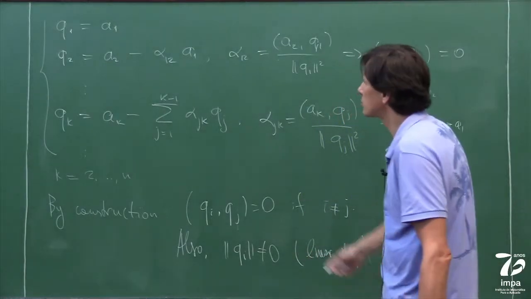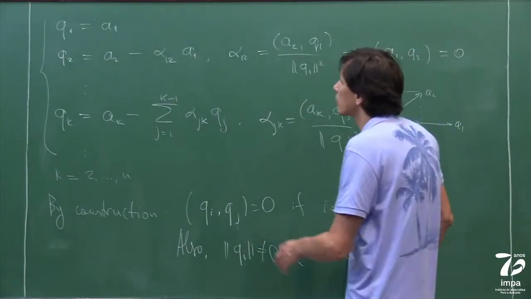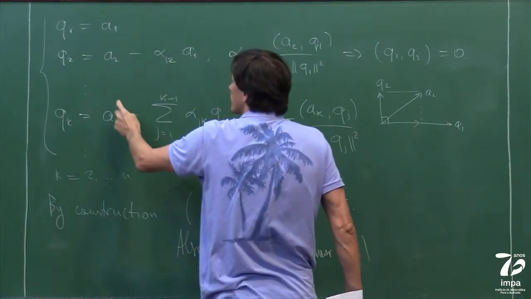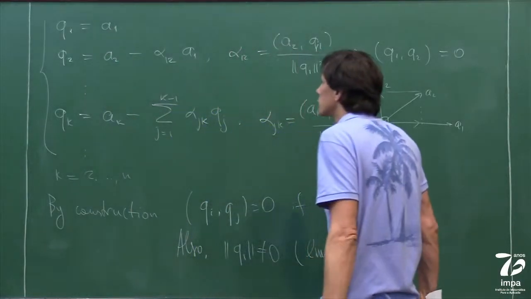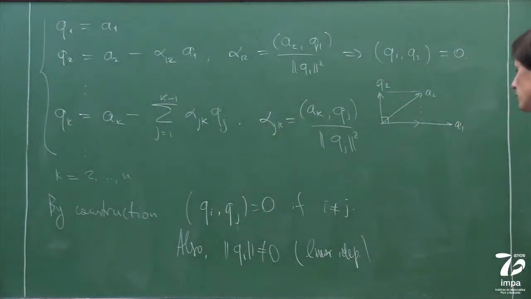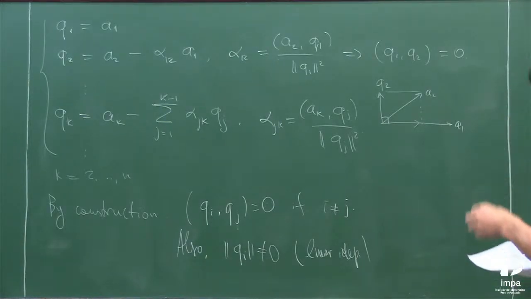By construction, we always take the same vector as the first term, so the new system is linearly independent, and none of them is 0.